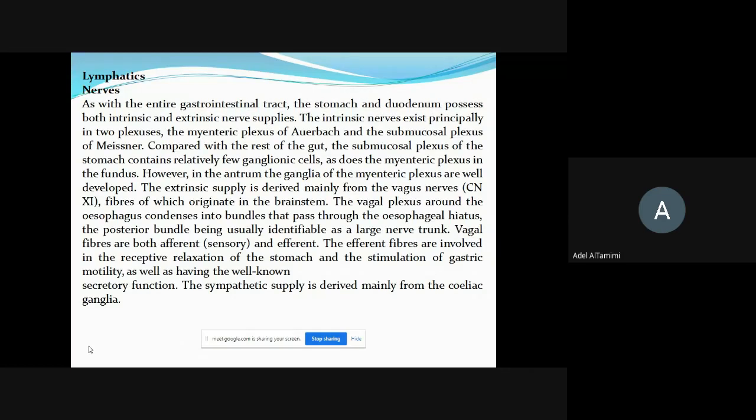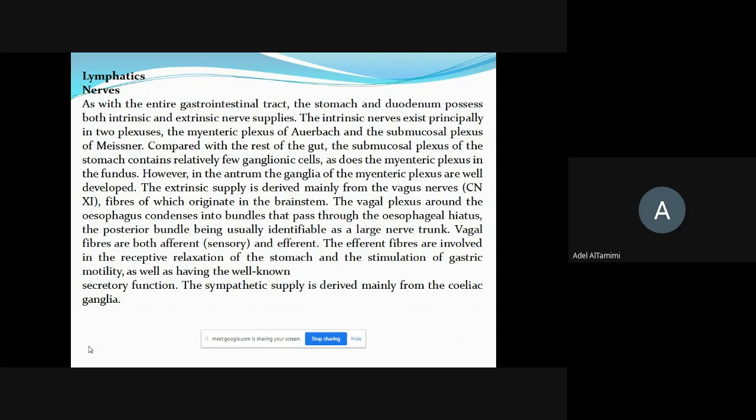Nerves of the stomach: the stomach and the duodenum possess both intrinsic and extrinsic nerve supply. The intrinsic nerve supply is usually similar to that of the entire gastrointestinal tract. It is principally classified into two plexuses, the myenteric plexus of Auerbach and the submucosal plexus of Meissner.